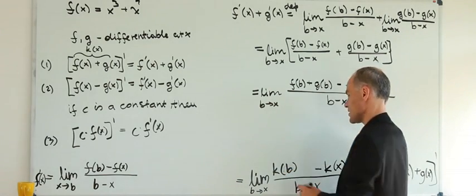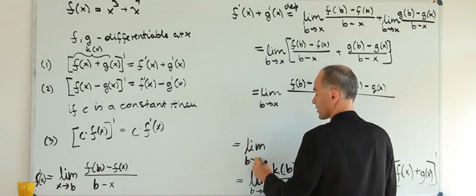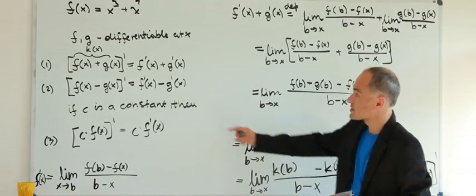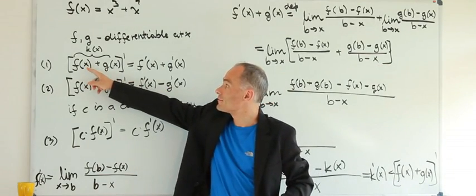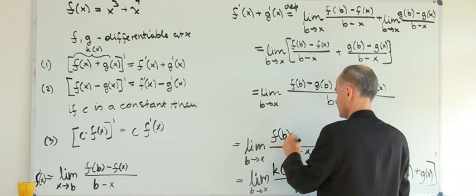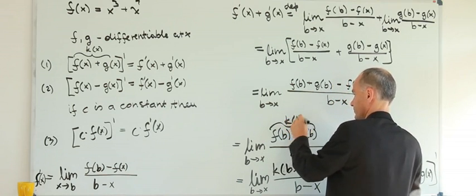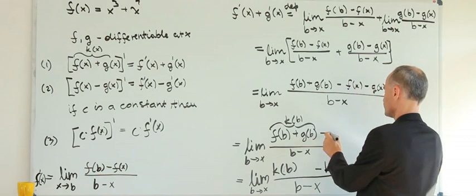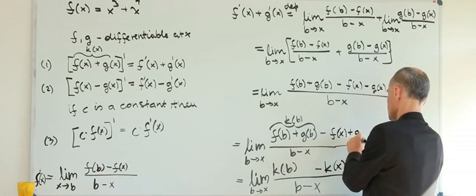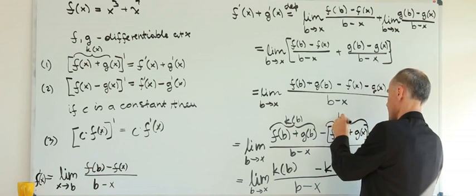So what was k of b? K of b is the summation, so it will be f of b plus g of b. That is k of b. And what's k of x? F of x plus g of x. So that's k of x.